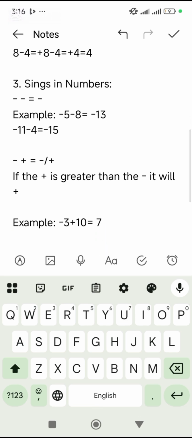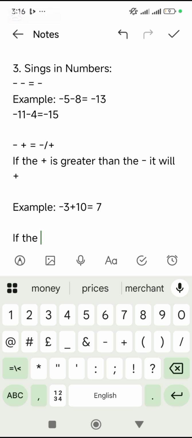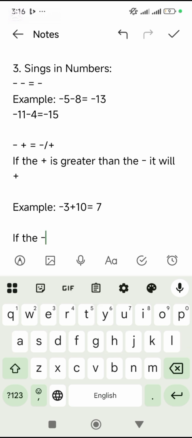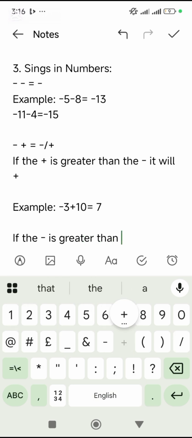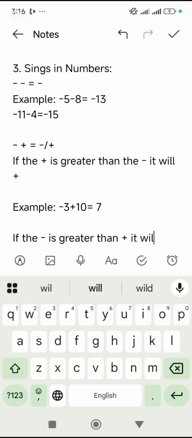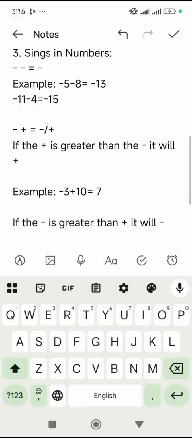However, if the negative is greater than the positive, it will be negative.